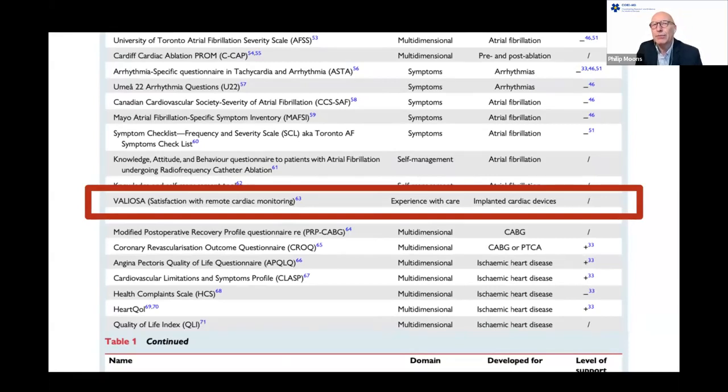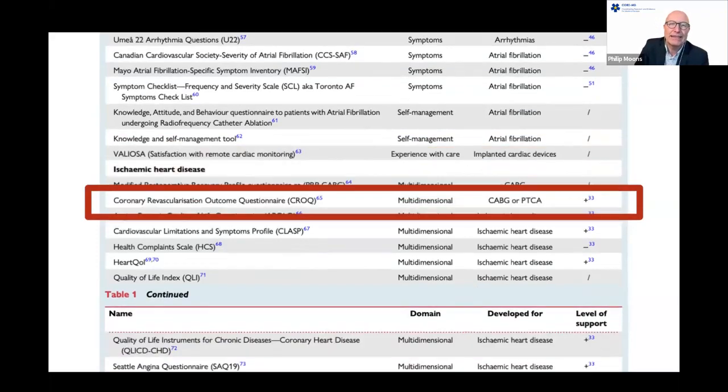So an implantable device that is assessed and monitored from a distance. And what do patients think about it? How are their experiences with this kind of cardiac monitoring? That is actually one instrument that was found in this approach.